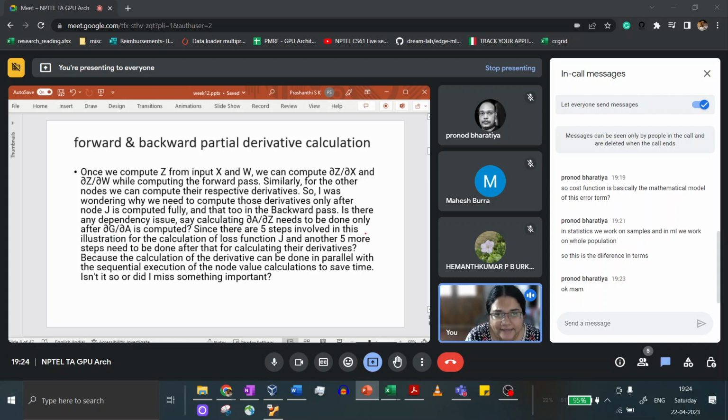Since there are 5 steps involved in this illustration for the calculation of loss function J, and another 5 steps need to be done after that for calculating their derivatives, the calculation of the derivative can be done in parallel with the sequential execution of the node to save time. Is this so, or did I miss something?